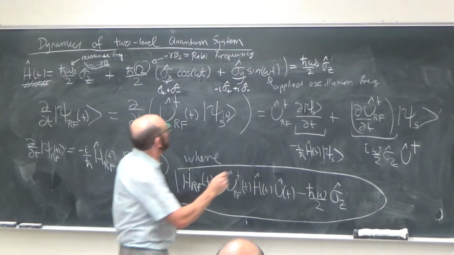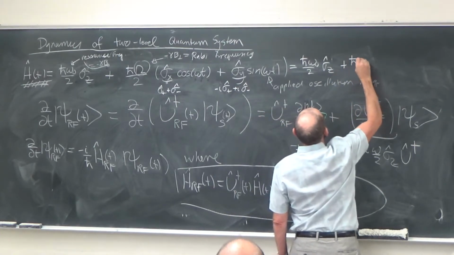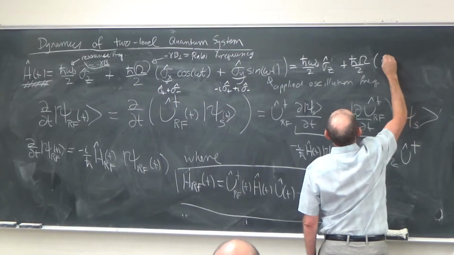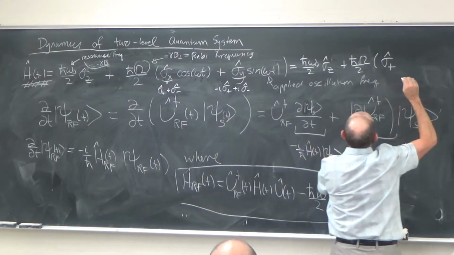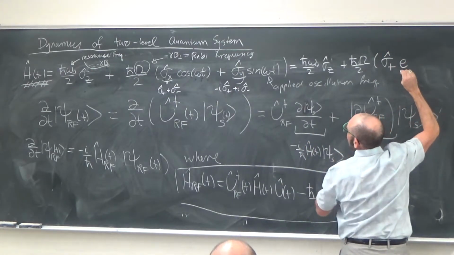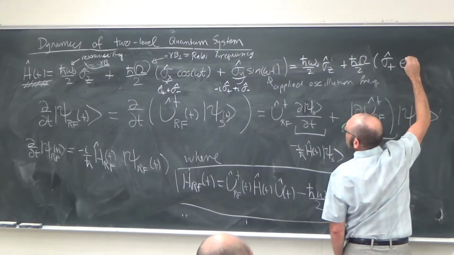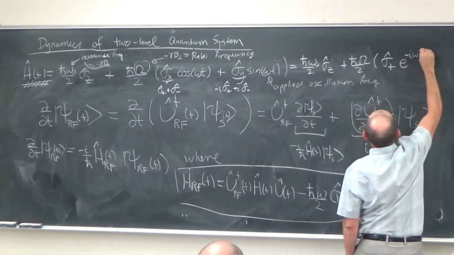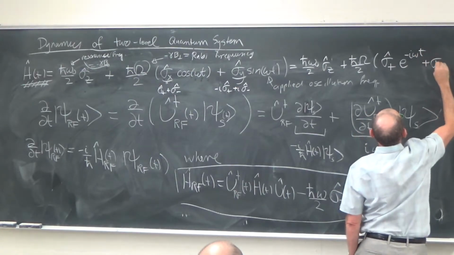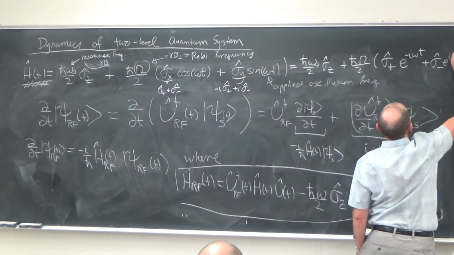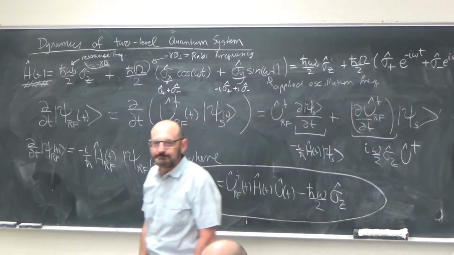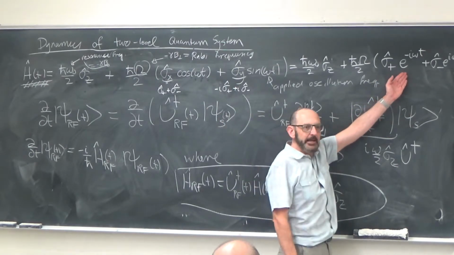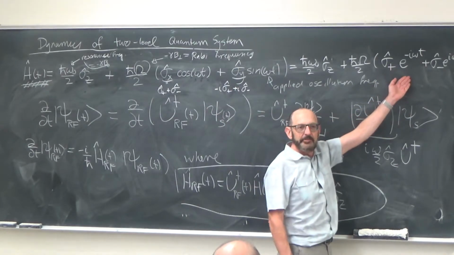So with that said, this is equal to h bar times the Rabi frequency, sigma plus e to the minus i omega t plus sigma minus e to the plus i omega t. As expected, there is a term that goes like e to the minus i omega t. We call that the positive frequency component.